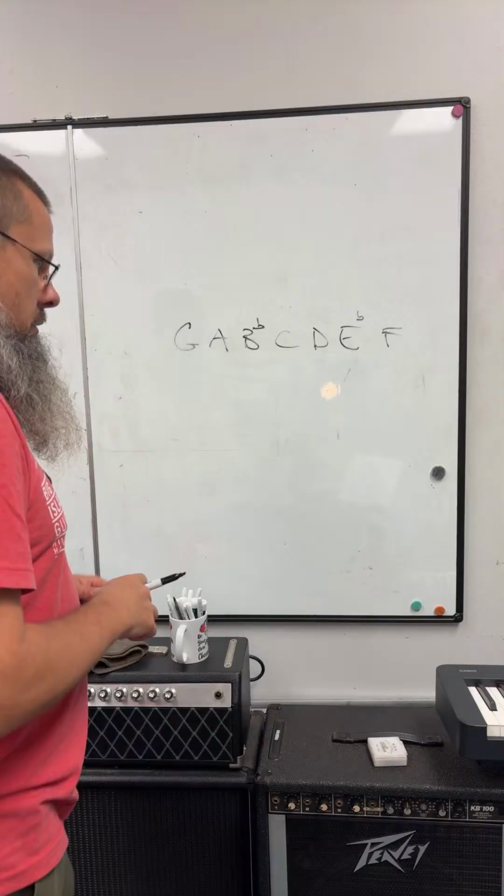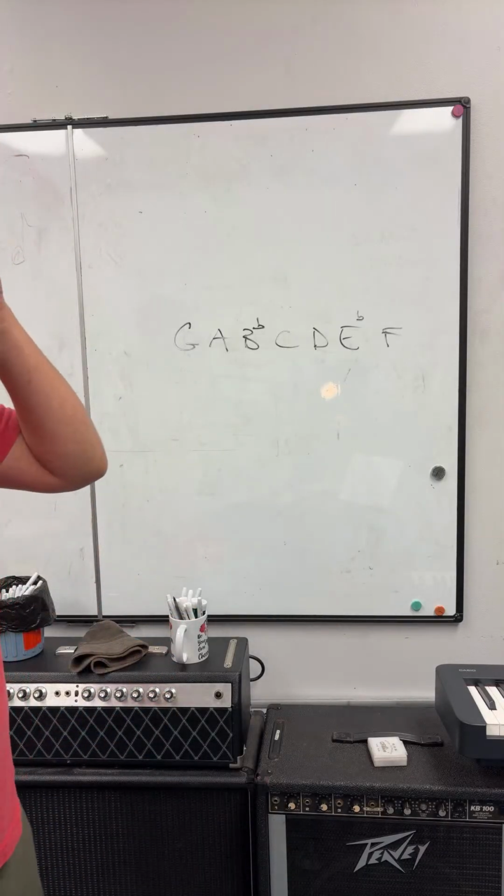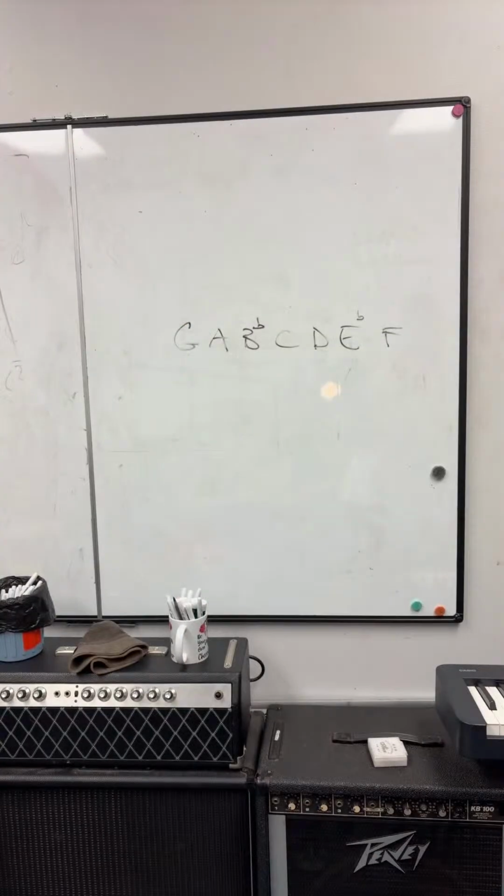And then it sounds great over any progression that's in the key. Okay, we're doing G Dorian, which is Dorian because it's in the key of F major. Dorian only has one position for every note in every key.